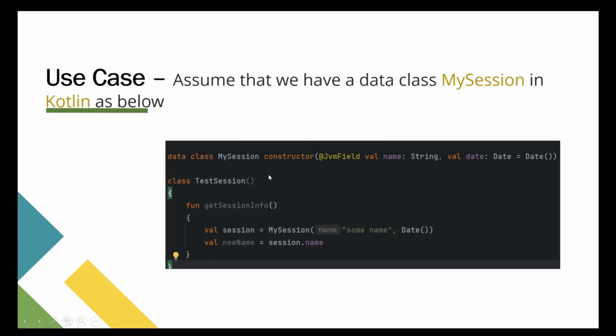If I want to access the name, I use the session object and do session.name, or session.date. That is how I will access the parameters of the data class, and by default that's how you access things in Kotlin.